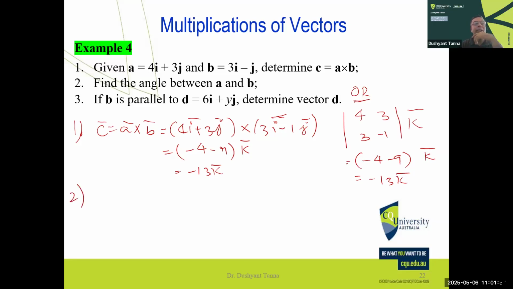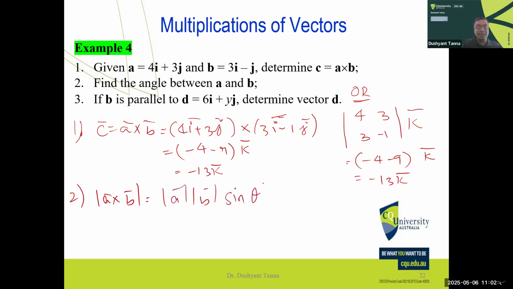Find the angle between A and B. So we use the sine theta. Magnitude A cross B is equal to magnitude A, magnitude B, sine theta.